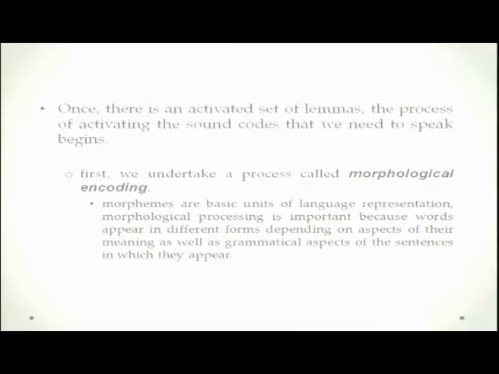Once it is there with you, you will undertake a process called morphological encoding. What is morphological encoding? Morphemes, if you remember, are basic units of language representation. Morphological processing is important because words appear in different forms. So if you remember, I was talking in the chapter on language acquisition about things like kicks, kicked, kicking.